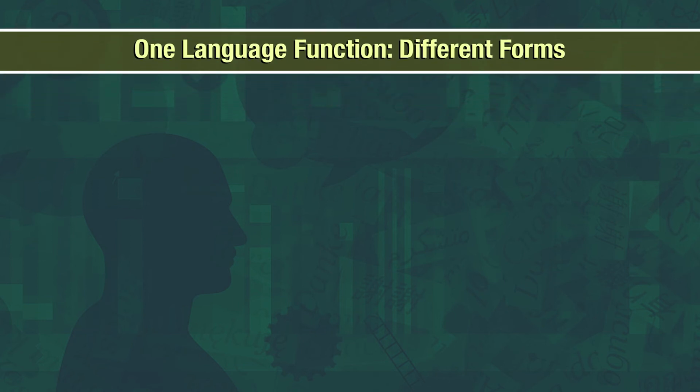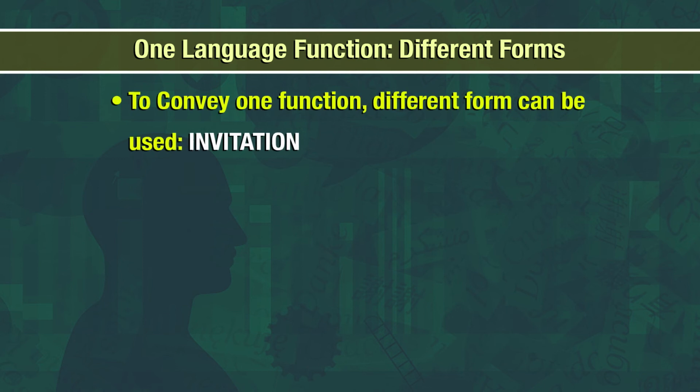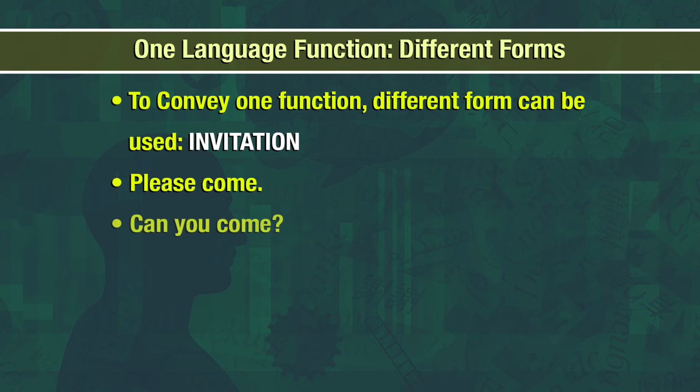We move further to look at an example related to how one function is used, but the forms vary. Let us take the example of an invitation. In one instance, we can say, "Please come," which is in the form of a request. "Can you come?" is in the form of a question.